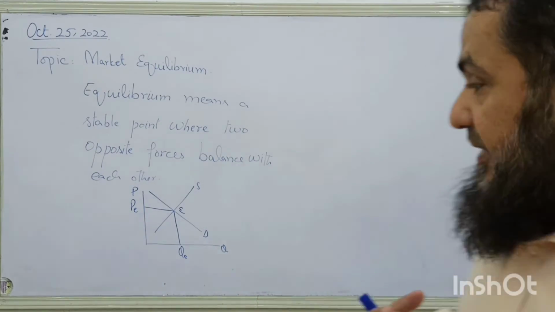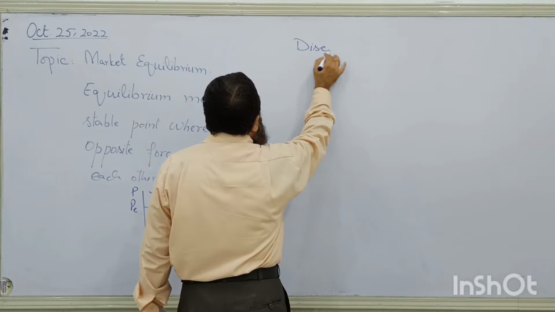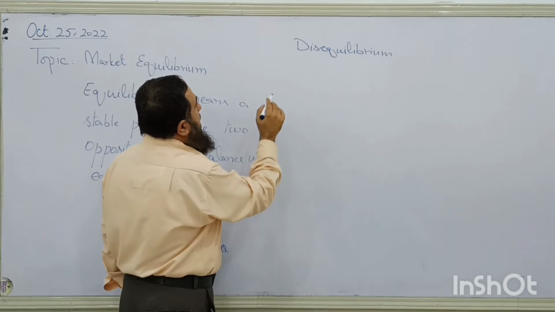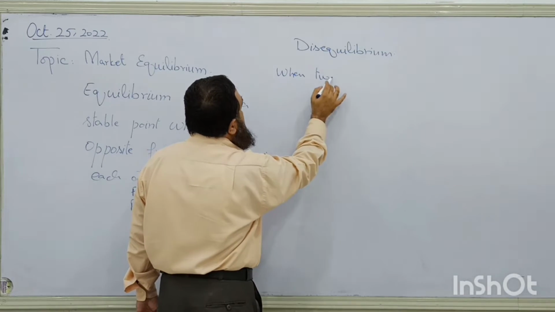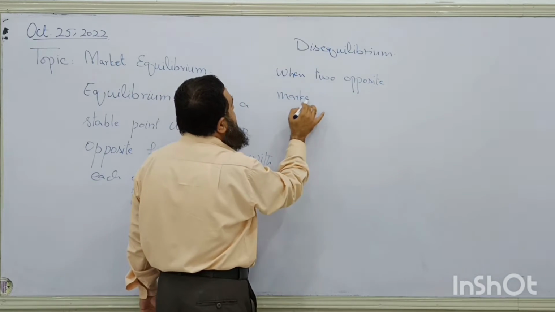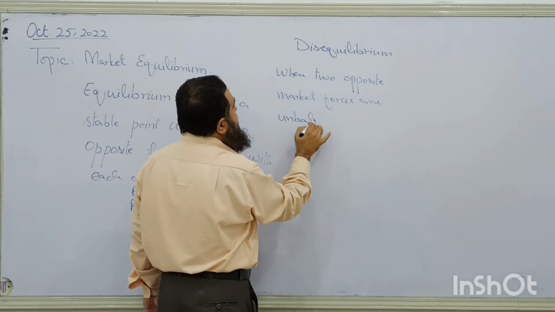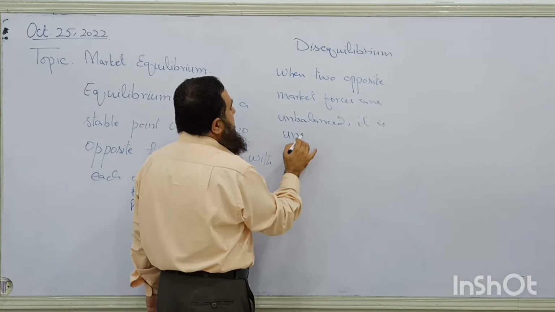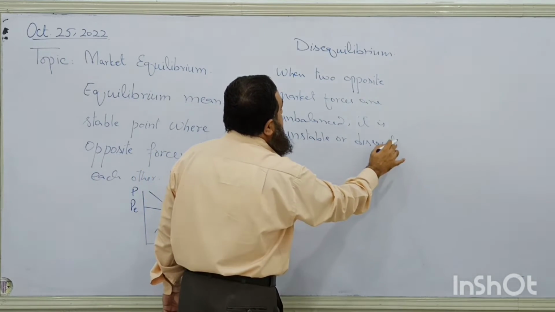So we see over here the stability, and this is disequilibrium: when two opposite market forces are unbalanced, so it is an unstable or disequilibrium point.